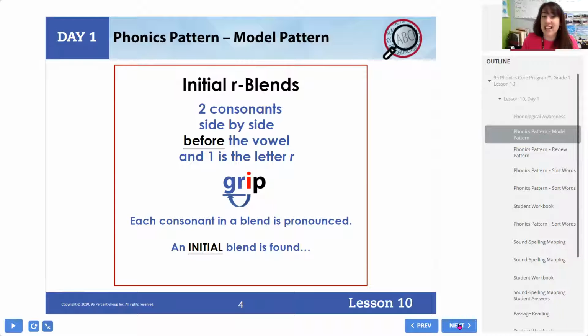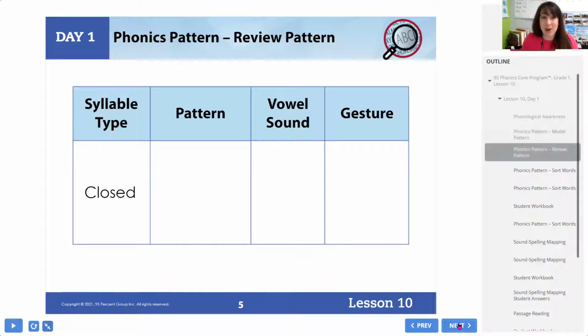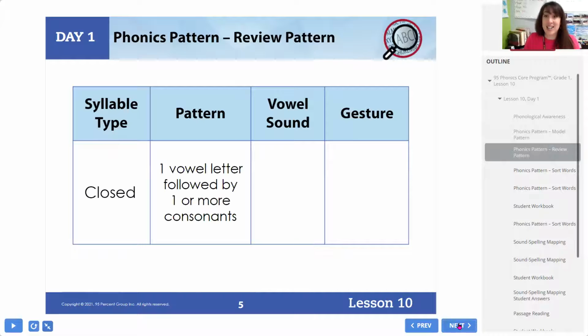An initial blend is found at the beginning of a word. Good job. All right. So remember, closed syllable is 1 vowel followed by 1, 2, or 3 consonants. It's a short vowel sound, and this is the gesture, a closed fist.